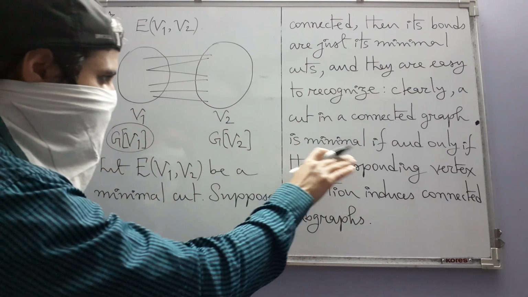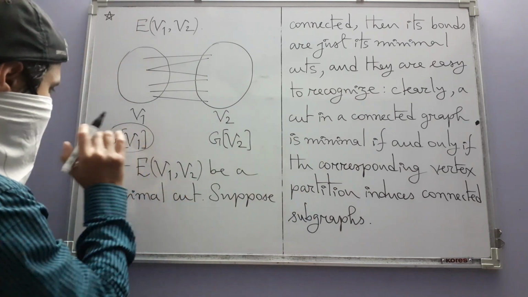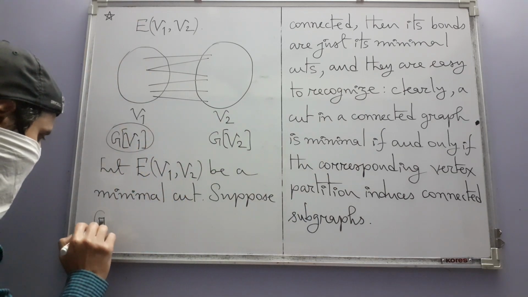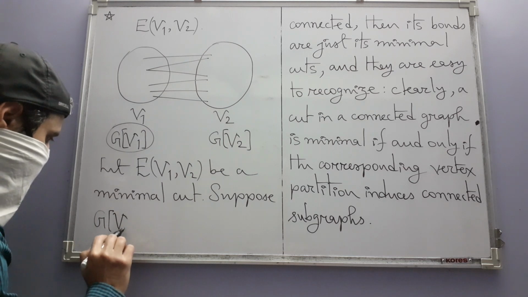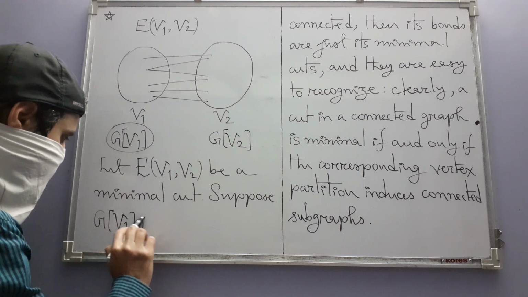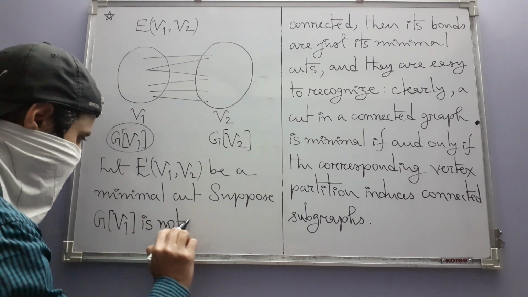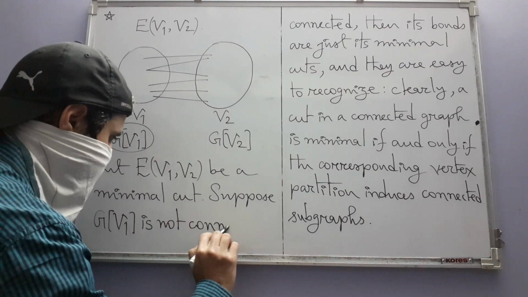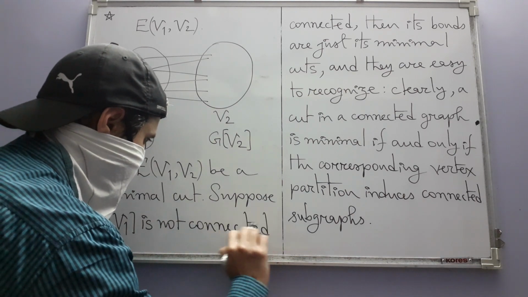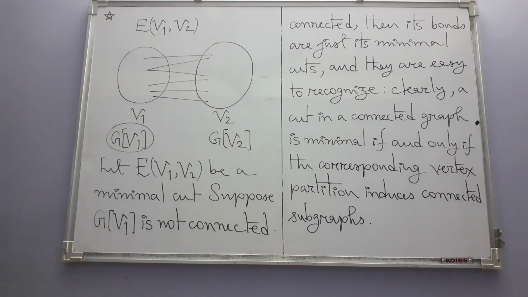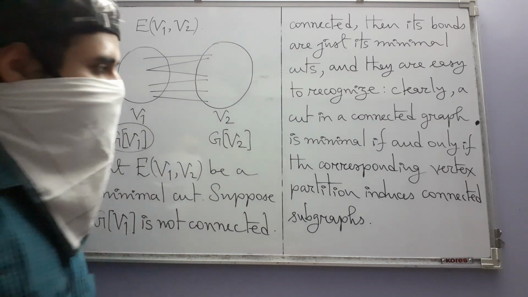Okay, contrary to what is being said here, suppose this is not connected. So we have written our condition. Now we will try to arrive at a contradiction.